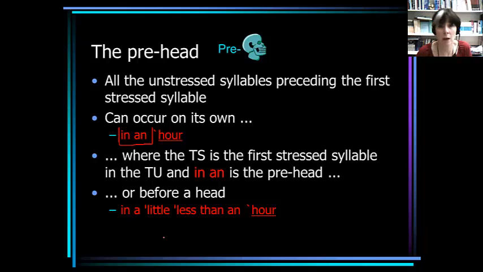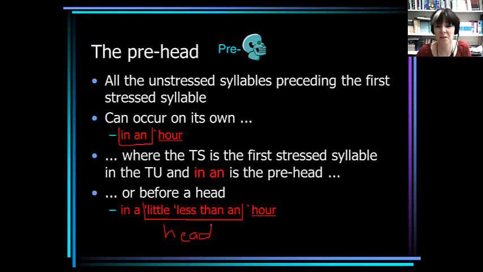But I might also have a head as well, so in this example, in a little less than an hour. Hour is where the pitch movement is. That's a falling tone. My first stress is there, so this part of it is going to be the head.